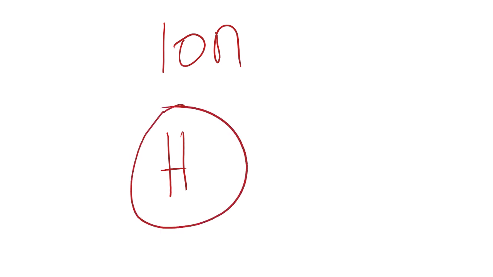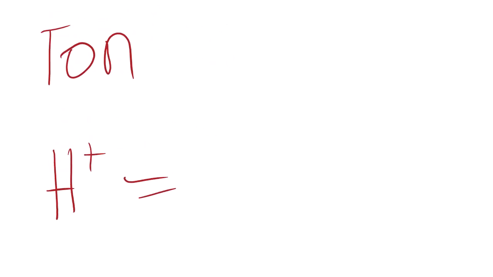If you have hydrogen, it's just neutral, but putting a plus here is not hydrogen, it's hydrogen ion. So this is hydrogen atom, but this is hydrogen ion. How do you write ion? It's just ION.